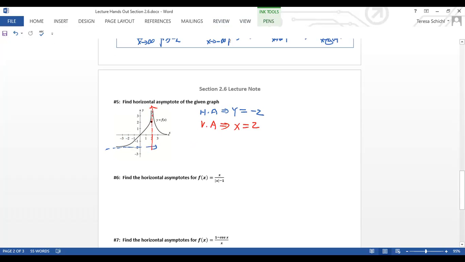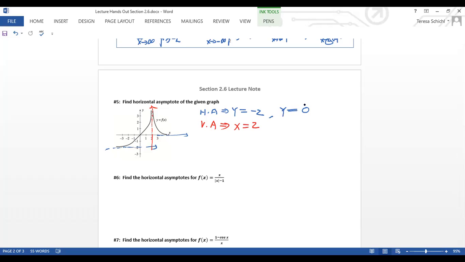That means your function is going to get closer and closer. And for the horizontal asymptote, if you look this way, it's going to get closer and closer to the x-axis. So I have another horizontal asymptote, y equals 0, right? So I have 2 horizontal asymptotes and 1 vertical asymptote here.